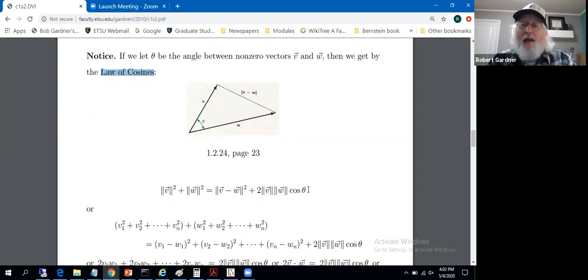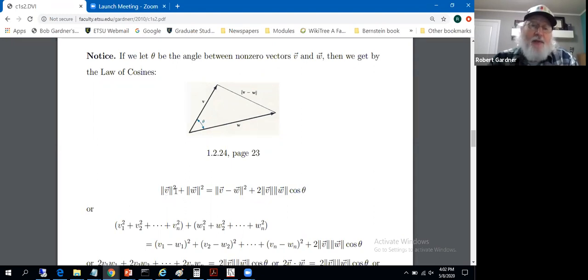Because if theta were a right angle, that cosine function would be 0, and this part would disappear. So it's actually a generalization of the Pythagorean theorem. Anyhow, I'm most impressed if you actually recall the law of cosines. It's certainly useful, but it doesn't get enough use, at least not for me, to really stick in my head. So here it is. Law of cosines says this. All right.